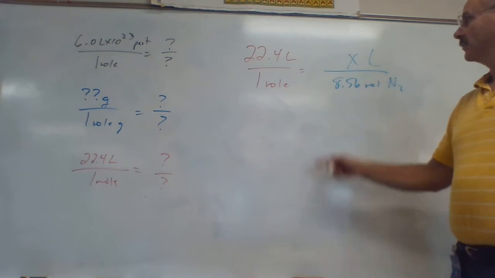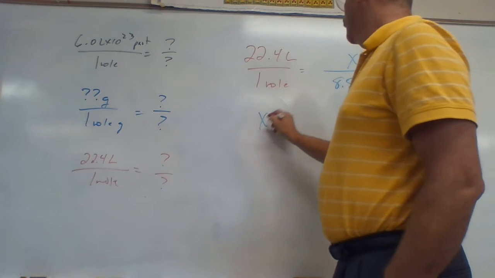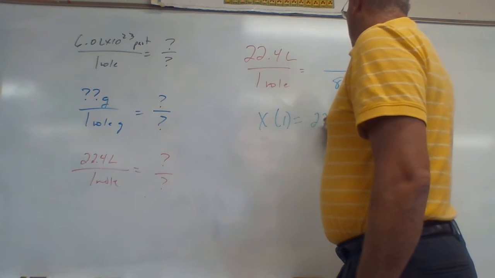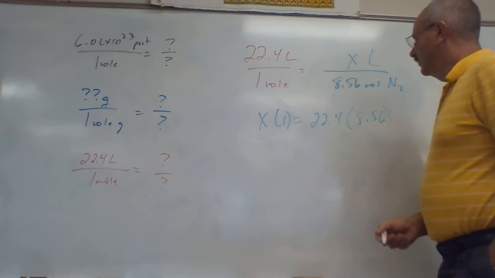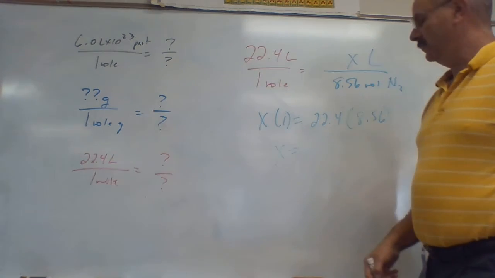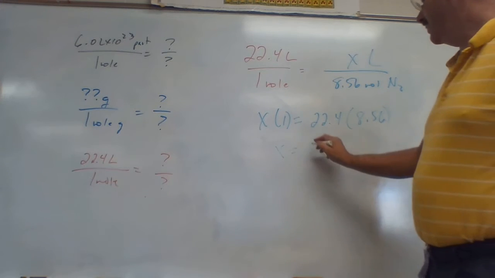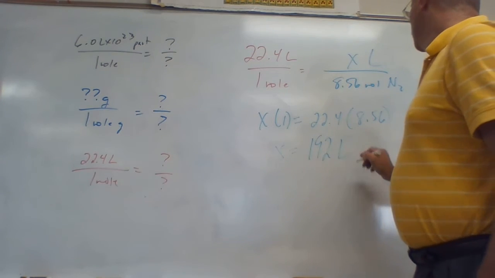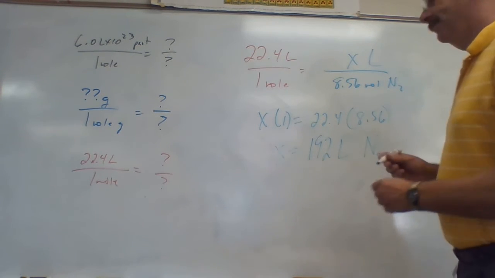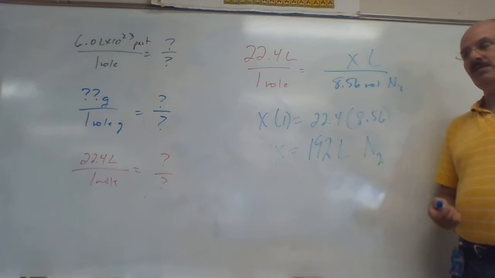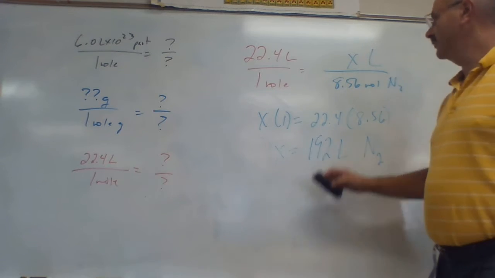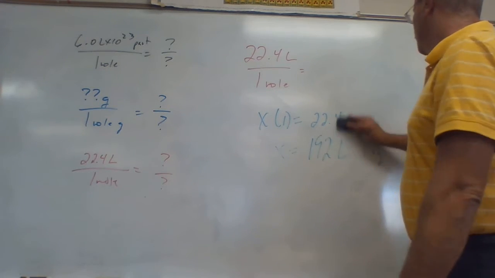Cross multiply, X times 1 equals 22.4 times 8.56. That's going to be a big number because we're multiplying it by 8. So this one's going to be 192 liters of nitrogen gas. All right, so that takes care of question number 1, where they gave us moles and we had to find liters. Now let's go to the second one.